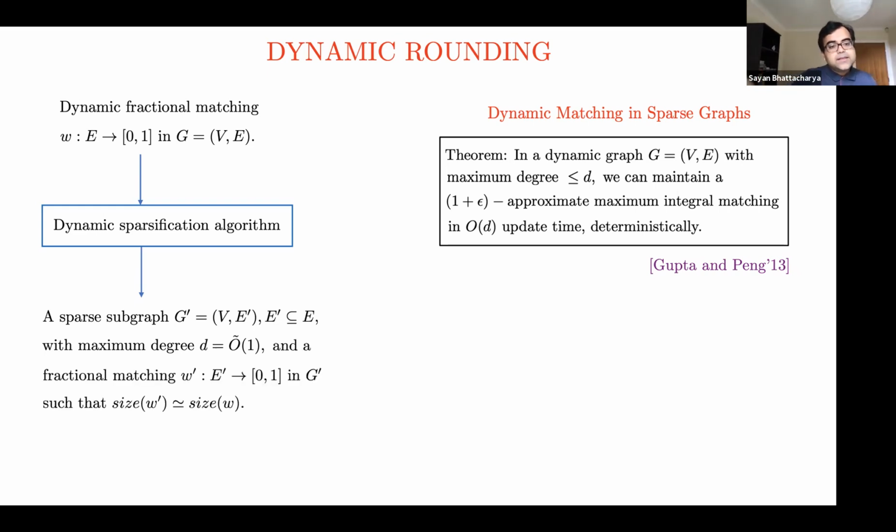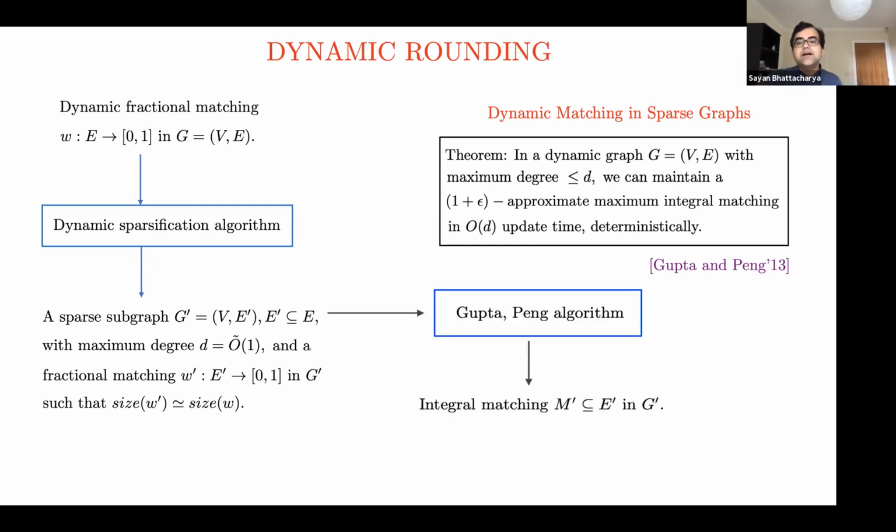And this sparse subgraph admits another fractional matching W prime, whose size is close to the size of the initial fractional matching W. So it sparsifies the graph, preserving the size of the fractional matching we started with. And now that you have this sparsified graph, you just feed it into the Gupta-Peng algorithm, which runs very fast on sparse graphs, and it outputs an integral matching M prime in this sparsifier.